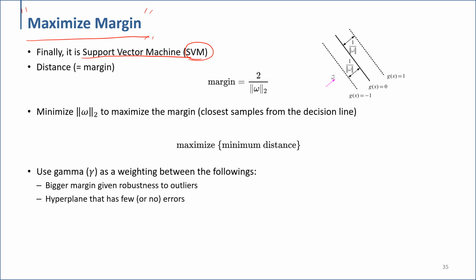SVM. As we discussed earlier, we know how to measure the distance between the margin and g(x) equal to 0, and the margin can be calculated as 2 over the magnitude of omega. So to maximize the margin means minimizing the magnitude of omega. Here we use an additional gamma as a weighting between the following: the first is maximizing the margin, and the second is finding the hyperplane that has few errors.